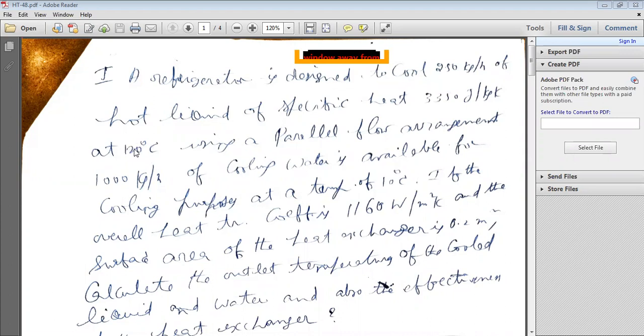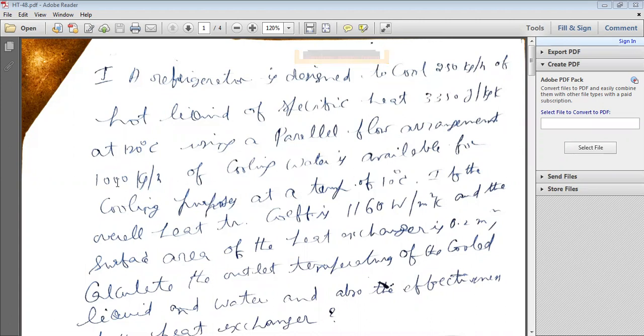So the hot fluid inlet temperature TH1 is 120 degrees centigrade, the specific heat of the hot fluid CPH is 3350, and the mass flow rate of the hot fluid is 250 kg per hour. The arrangement is a parallel flow heat exchanger.